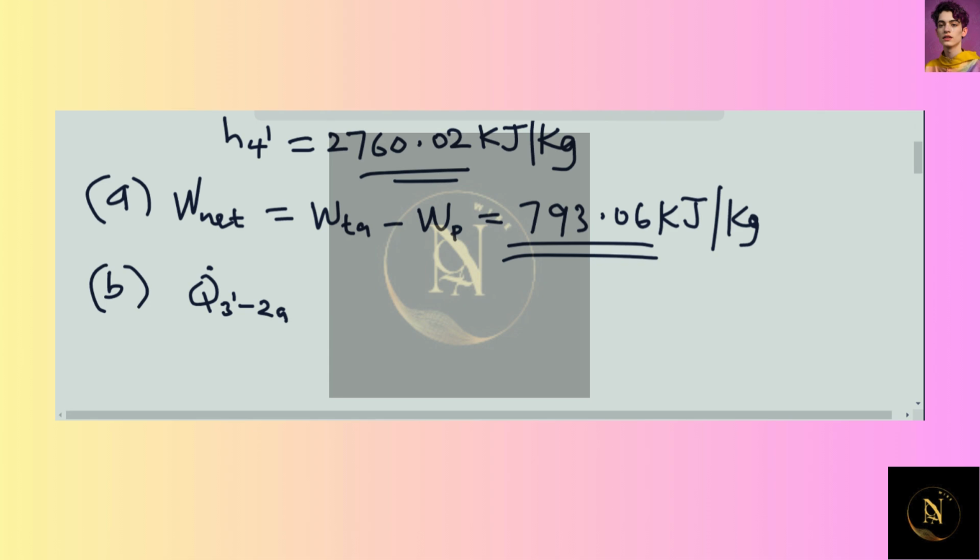So if we do that, it is the enthalpy at 3 prime minus the enthalpy at 2A. Plug in the values which we've already got in there. We arrive at this to be 3341.62 kilojoule per kilogram.